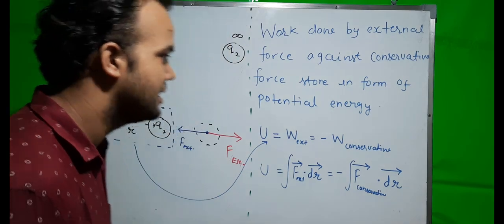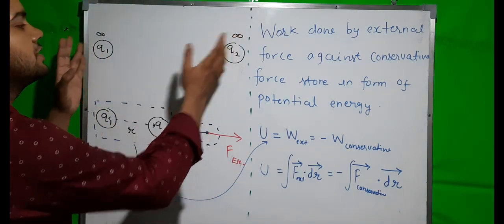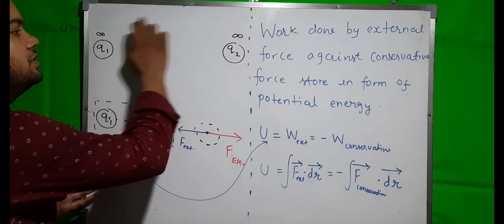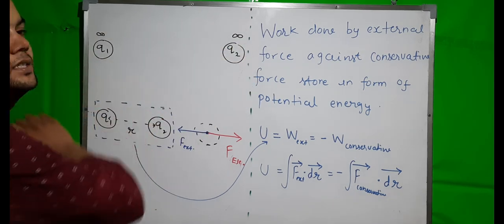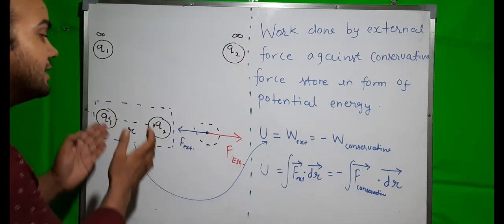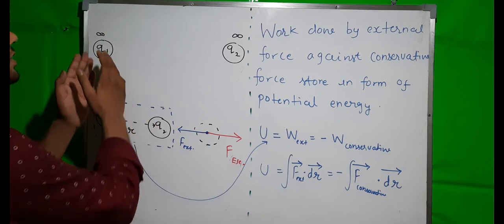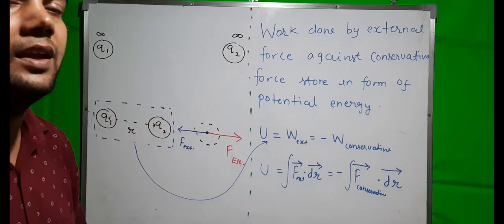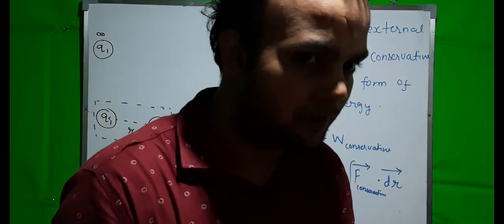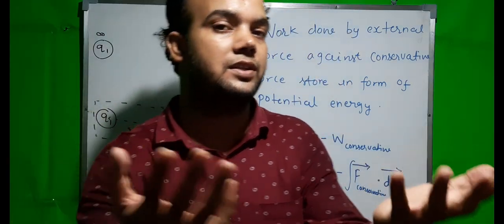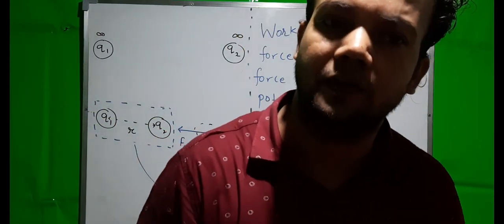But the condition is, we are bringing these charges from an initially zero potential energy configuration to this configuration. Initially the charges were at infinity and we kept them at a finite separation. When they were at infinity, their potential energy was zero because there was no force acting between them.